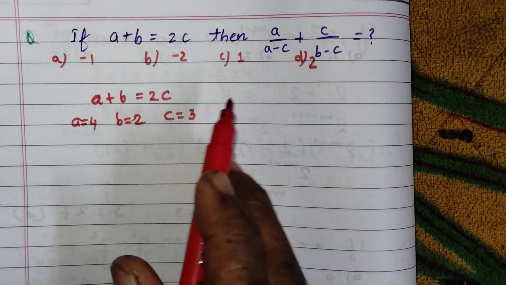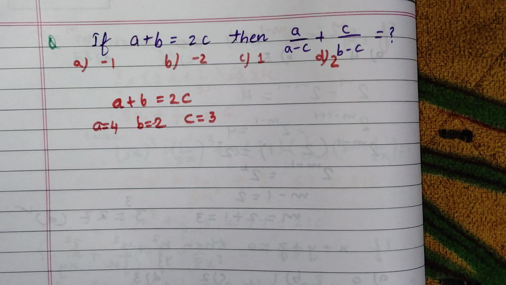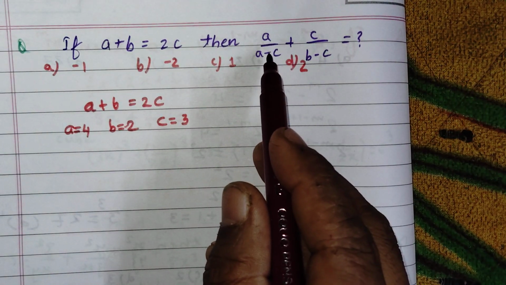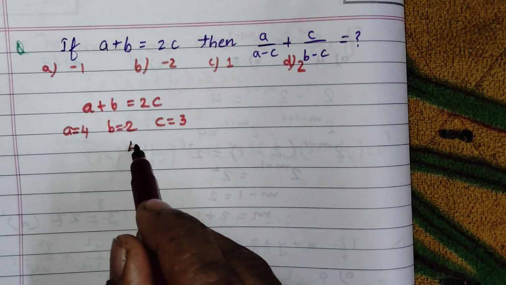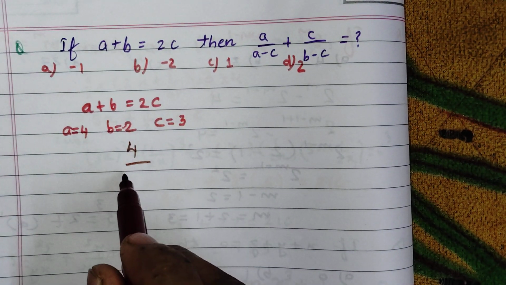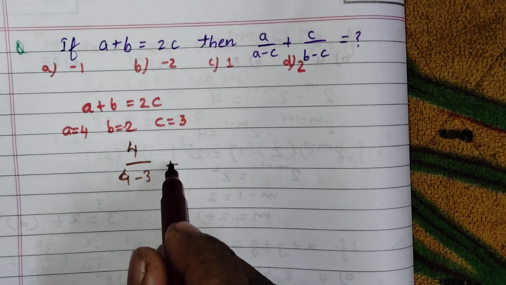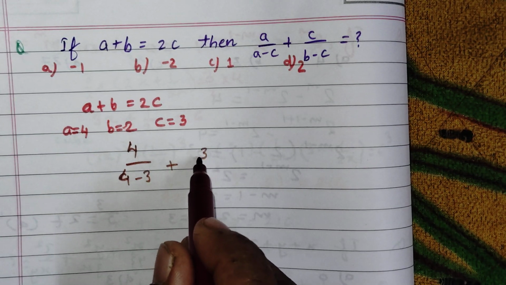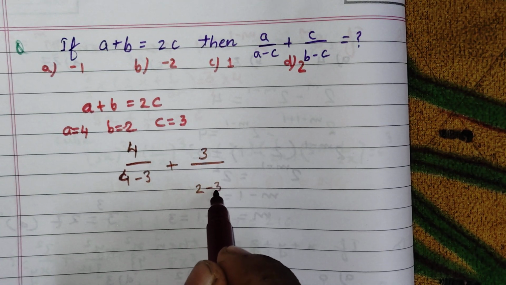Now after assuming, we plug in these values in our given question. So a is 4, so it becomes 4 upon a minus c, that means 4 minus 3, plus c upon b minus c, that means 3 upon 2 minus 3.